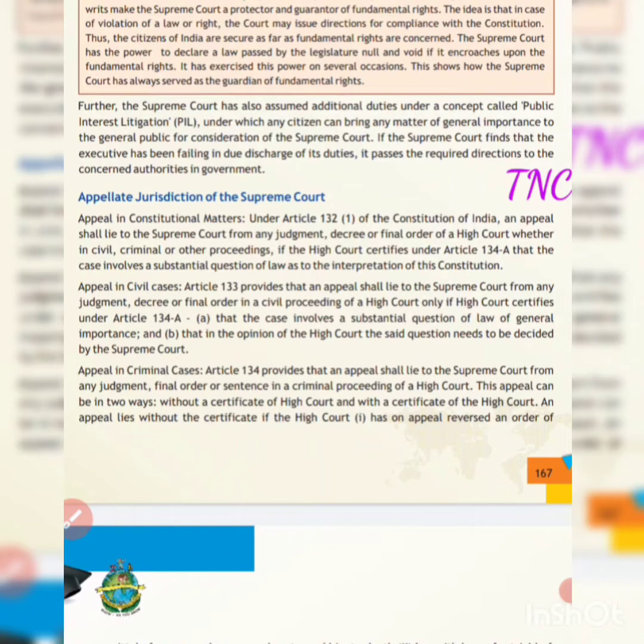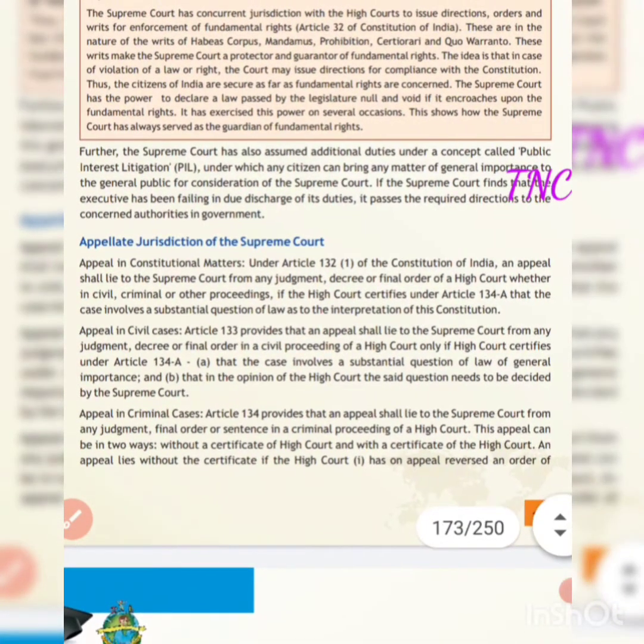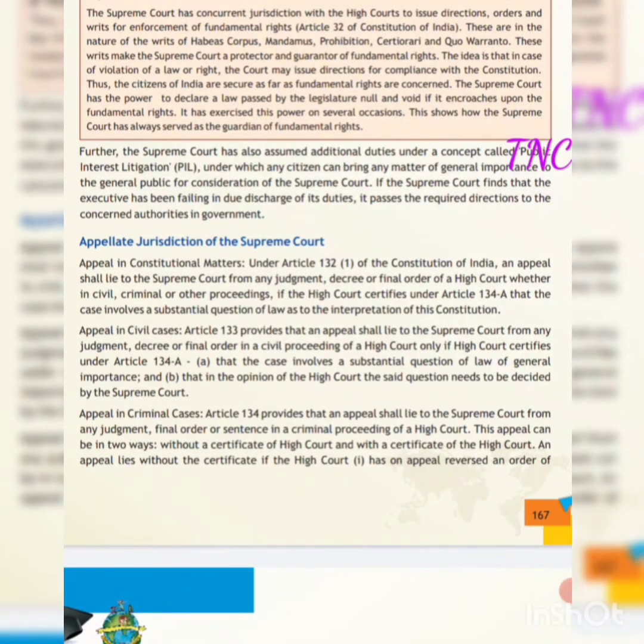It can go up to the Supreme Court in two situations. First is that the case involves a substantial question of law which is of general importance. Again, how you have to interpret a particular article or a particular act or book.